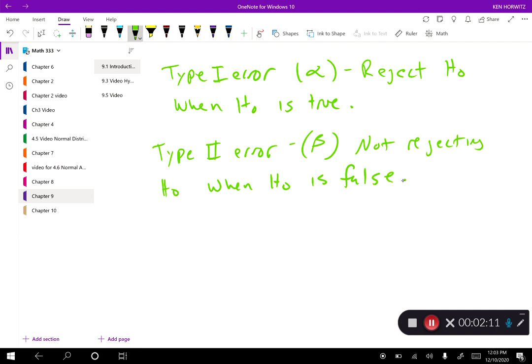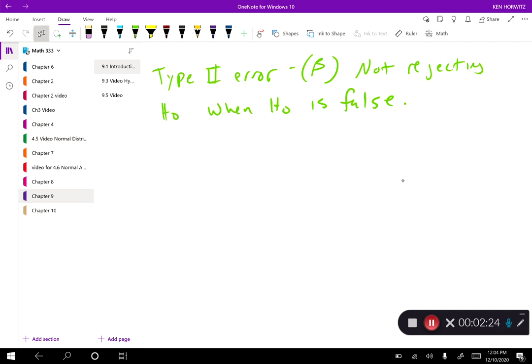Again, it's definitely an error because if the null is false, you want to reject it. But this error can happen.